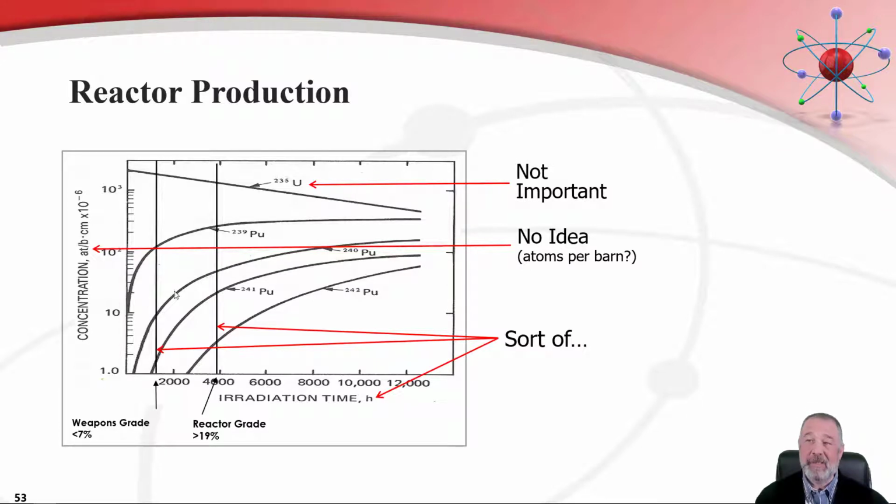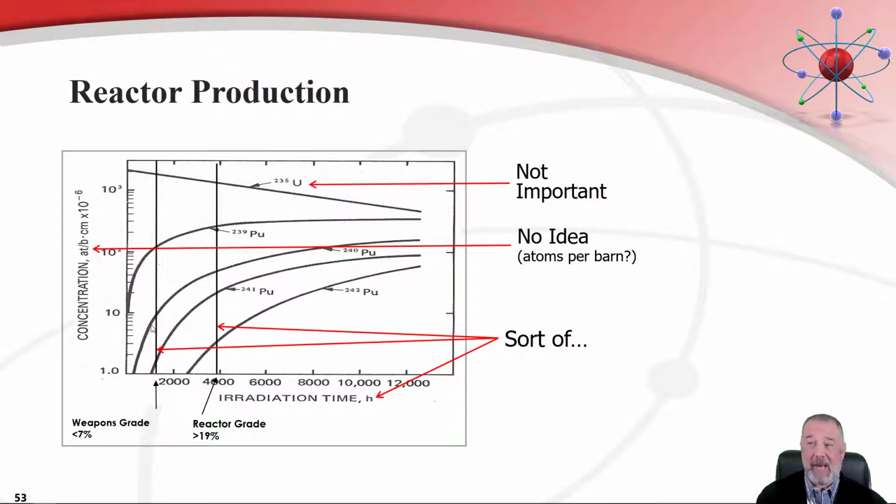Now, these other lines are more interesting to us when talking about plutonium. So if we look at plutonium-239 creation or concentration as a function of time, we see that it starts off being very little, but very rapidly we see an increase until it kind of goes into a flat line.